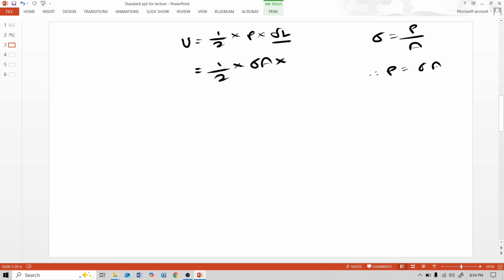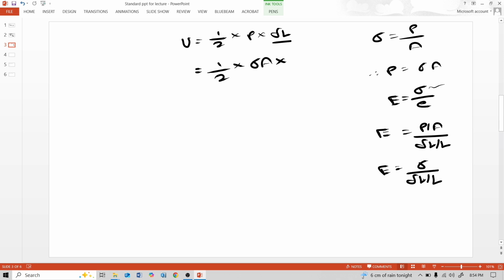And for this delta L, we all know that E, Young's modulus, is equal to stress upon strain. Stress is load upon area, and strain is change in length upon original length. So see, this P by A is as it is, that means this stress. Put this stress as it is, upon delta L upon L. Here E multiplied by delta L upon L is equal to stress.